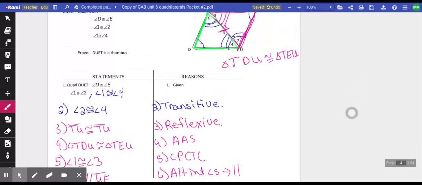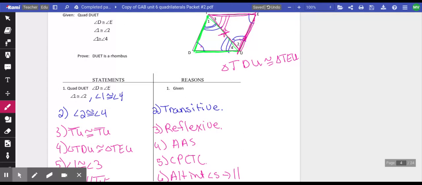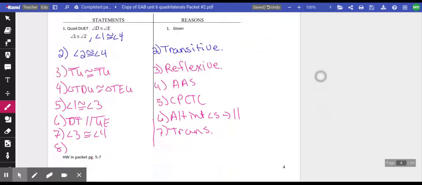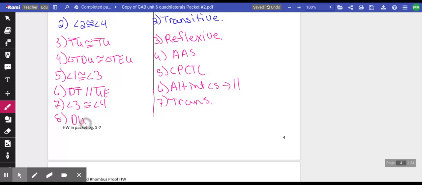Because I know that 1 is congruent to 2. Before I can do the other pair parallel, I need to say that 3 is congruent to 4, but I can say that because of the transitive. Then I can say the other pair, which is DU and TE, which is alternate interior angles congruent, implies parallel.